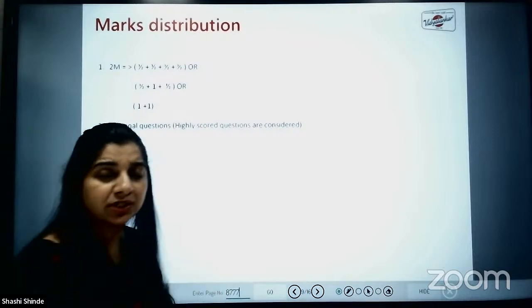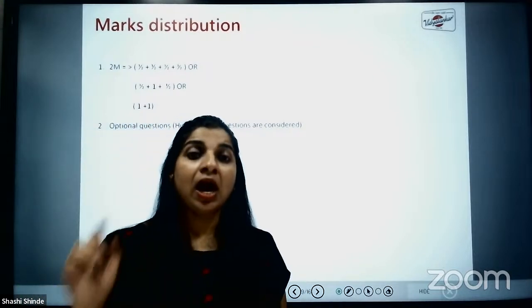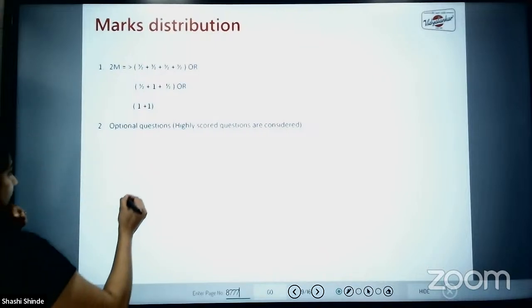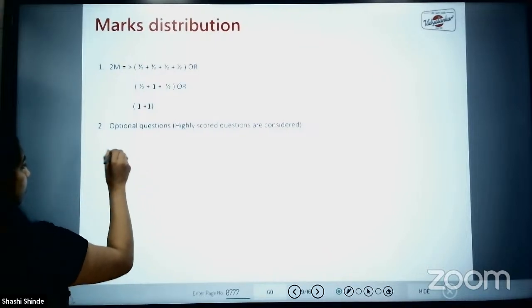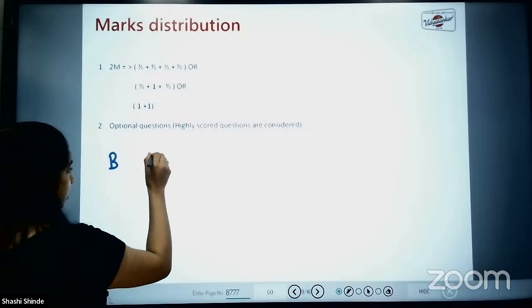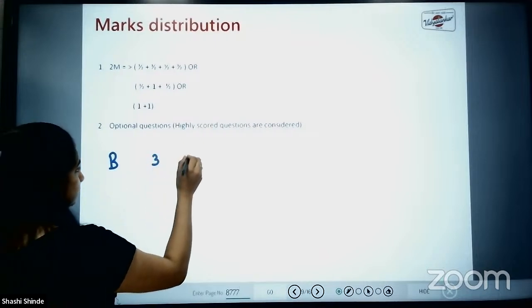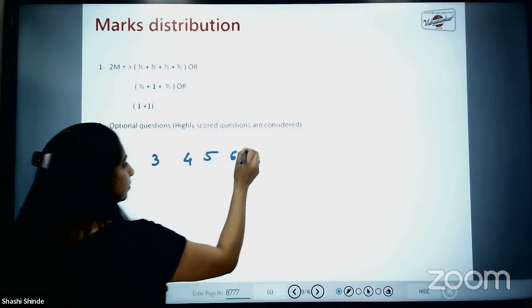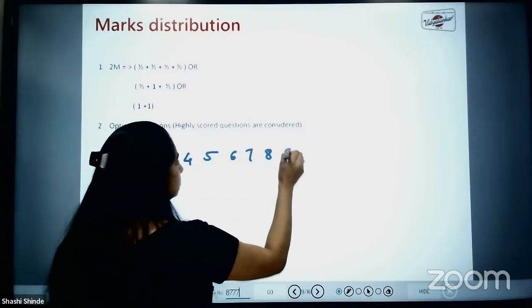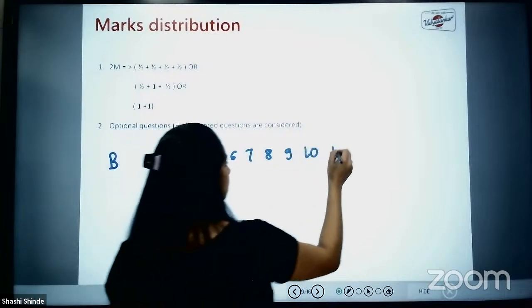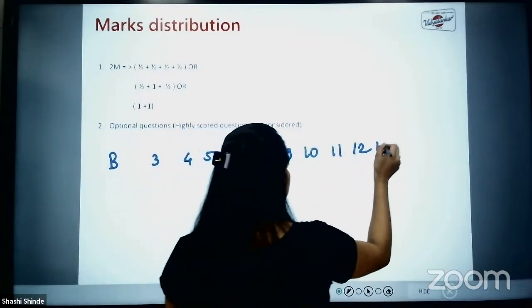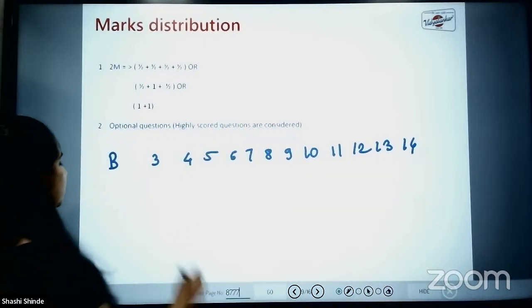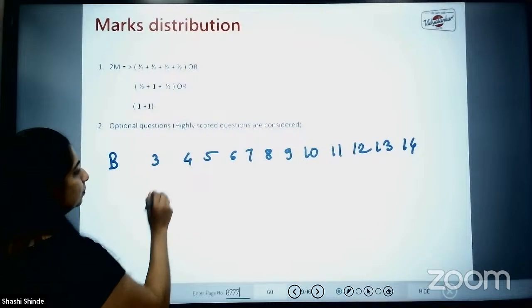For optional questions in sections B, C, D, highly scored questions will be considered. Like say in section B, we have questions 3, 4, 5. 14 questions are there.